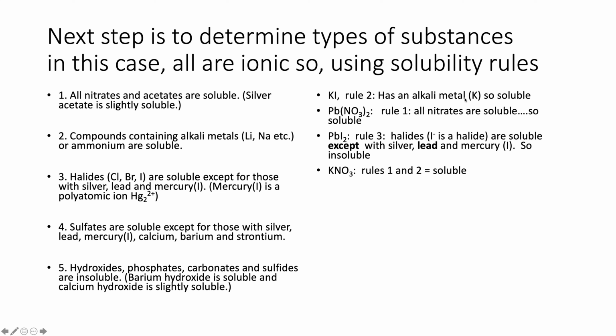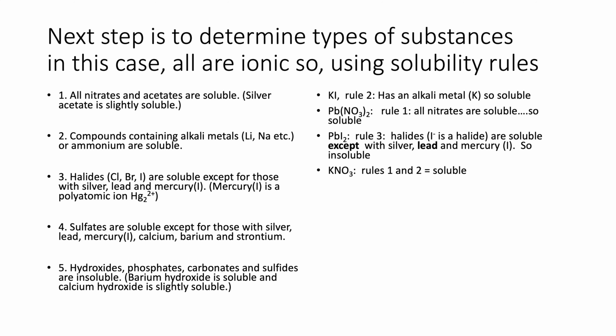Potassium iodide has an alkali metal, rule 2, so it's soluble. Lead-2 nitrate is a nitrate. All nitrates are soluble. Lead-2 iodide is an exception because iodide is a halide, but lead compounds are insoluble. And then potassium nitrate, we have rule 1 and rule 2 says it's soluble.